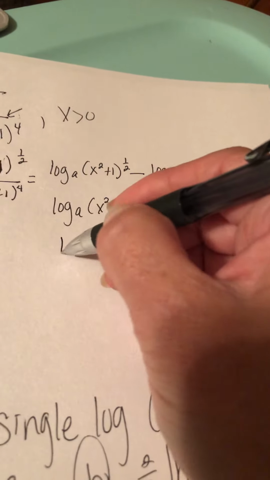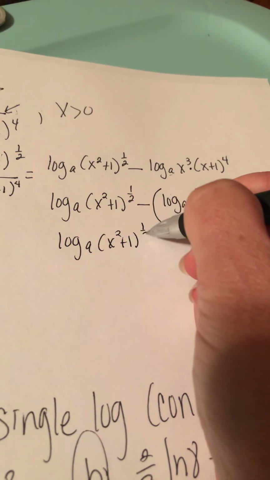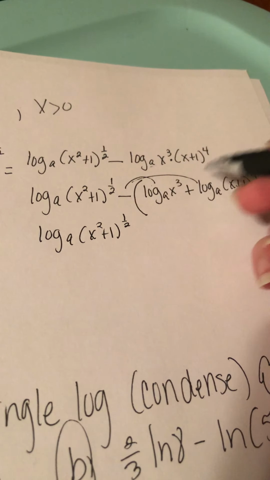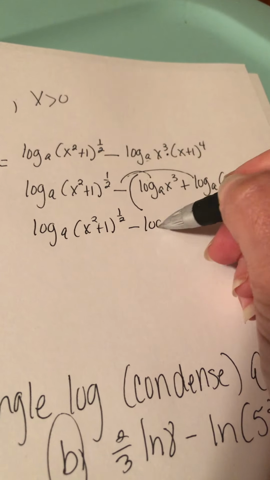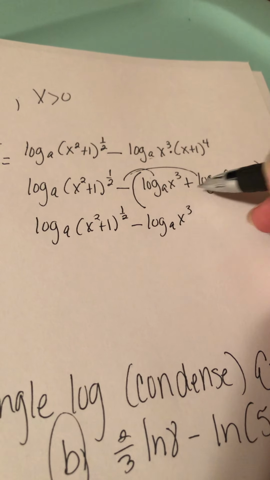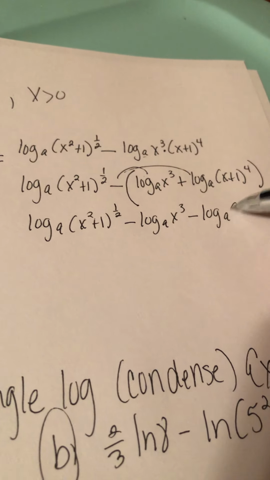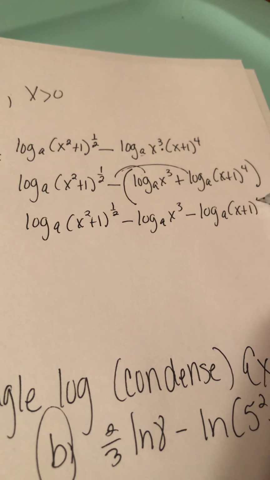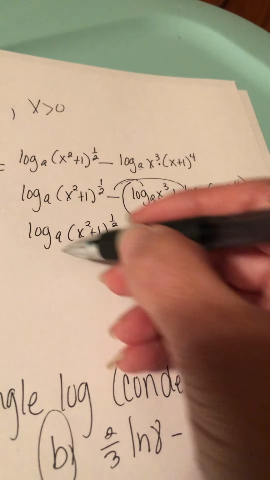Now, I'll have, once again, log base A of x squared plus 1 to the 1/2, and since I'm subtracting the denominator, which is a product, I'll have minus log base A of x cubed, and this plus right here becomes a minus log base A of x plus 1 to the 4th. Okay, so that'll trick you if you're not careful.